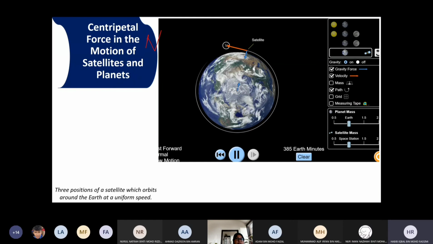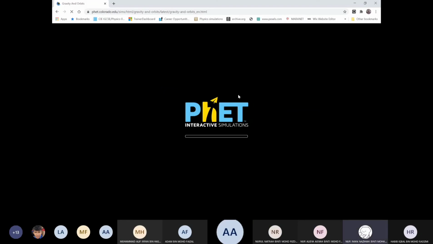Okay, good try. Terangkan. Okay, terangkan. What is the direction of centripetal force? Cuba tengok. Okay, saya tunjuk diagram ni. Boleh play tak? Okay, please. Okey lah, boleh pergi sendiri nanti ya.